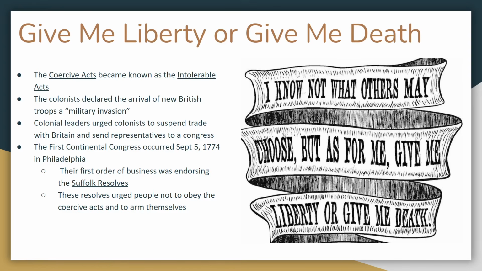And we need to get people over to the colonial capitals, and then to a Congress. We have to get everybody together. We got to figure out how we're going to deal with this. And this is where we get the First Continental Congress, 1774 in Philadelphia, and we get the Suffolk Resolves.